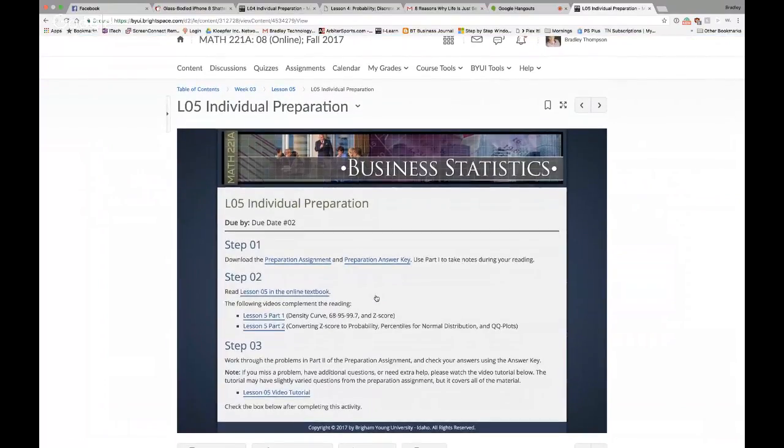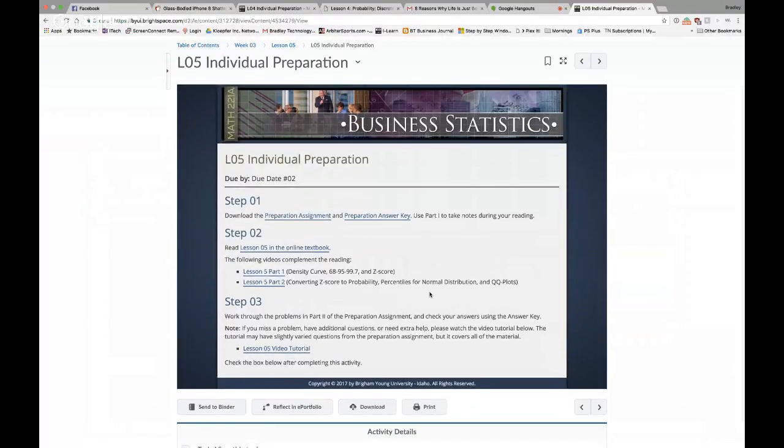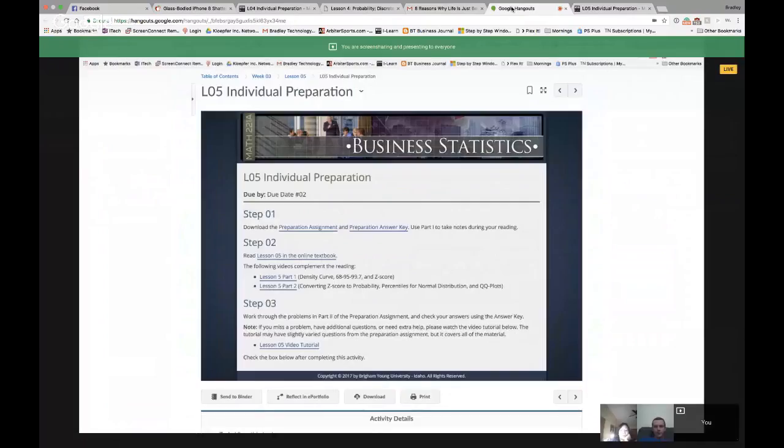I did start the next one, but I was having some troubles with it, the density curves and z-scores. A little less obvious part of statistics, like the probability, which I think most of us were semi-familiar with.